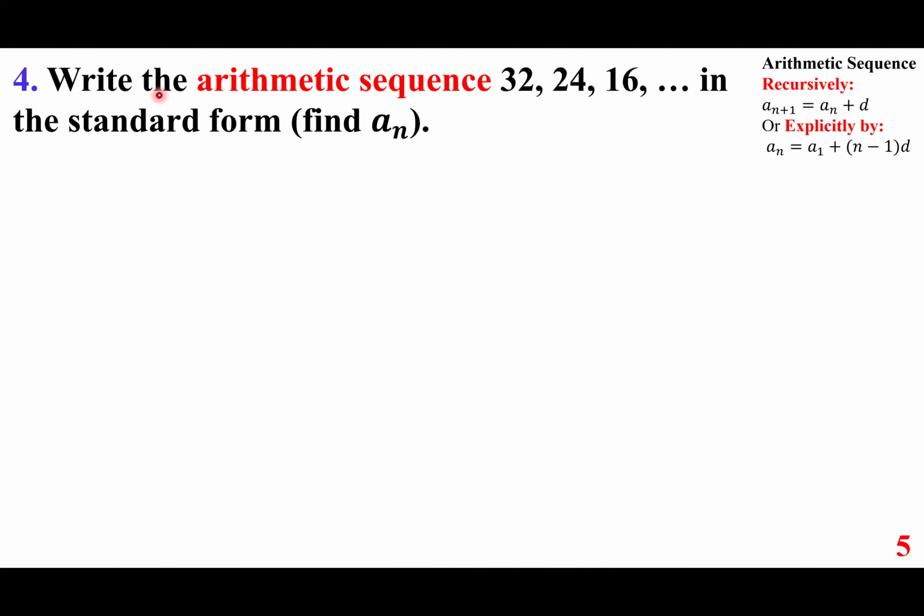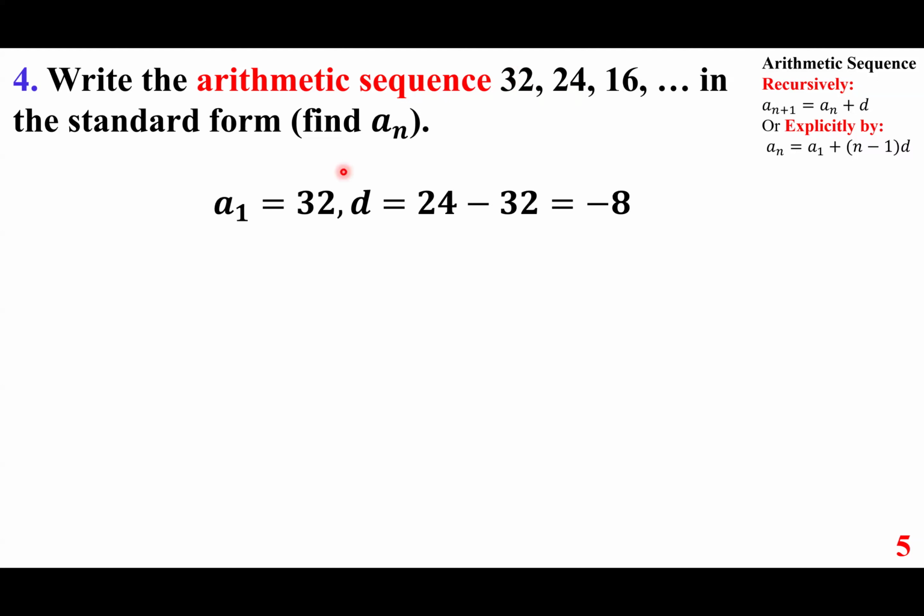Write the arithmetic sequence 32, 24, and so on in standard form. That means find a sub n. Again, this is an arithmetic sequence. a sub 1 is 32. The difference between the two is minus 8, because 24 minus 32, and 16 minus 24, would be negative 8.